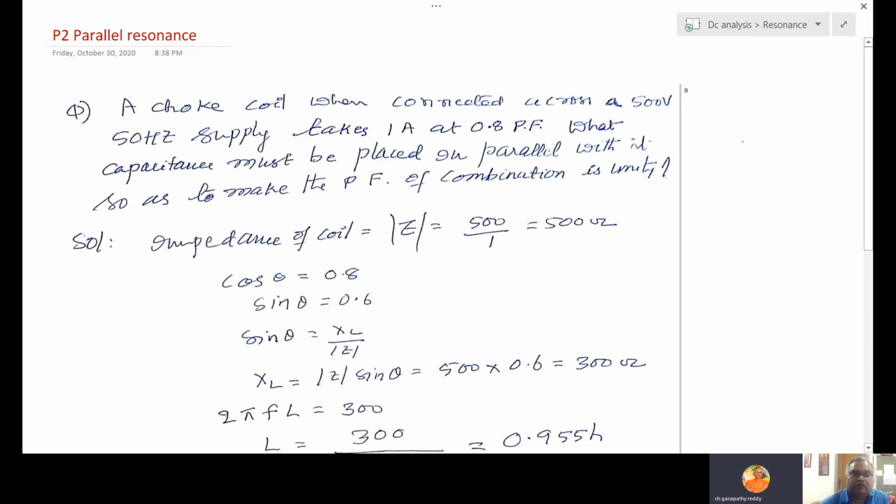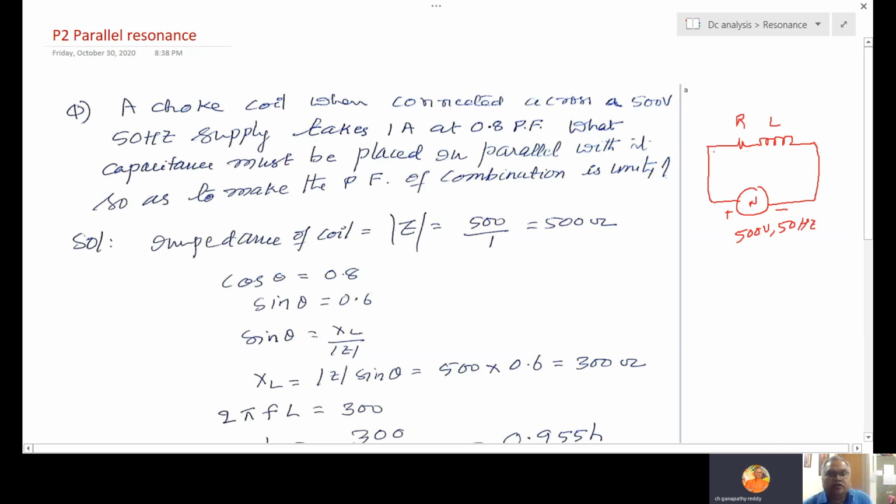So indirectly, an RL series circuit connected across 500 volts 50 Hz supply takes a current of 1 ampere and power factor is given as 0.8.